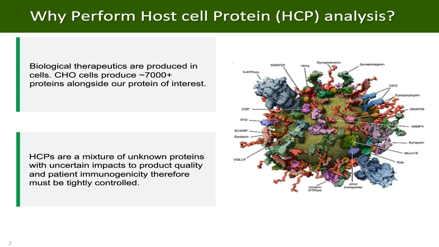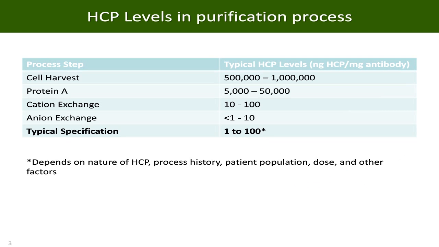Typical host cell protein levels at different stages in the purification process can vary from anywhere from 500,000 to 1,000,000 parts per million, or nanograms of host cell protein per milligram of antibody. After the protein A stage, you will typically have 5 to 50,000 nanograms per milligram.